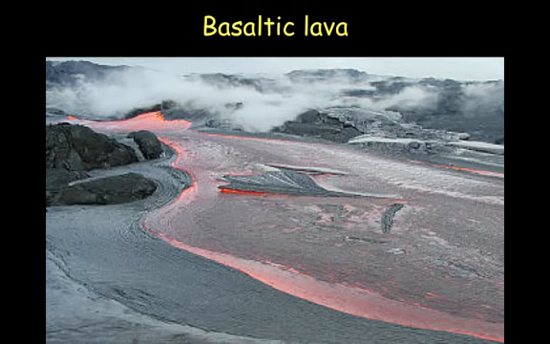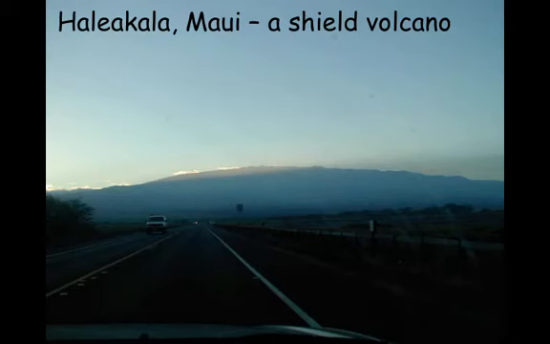So imagine your basaltic lava. It flows very easily compared to the lava dome that I showed you, which is rhyolitic, that forms a nice steep-sided little plug of lava. So these form those gradually sloping shield volcanoes. Here's another image of Haleakala on Maui, another shield volcano with those gradual slopes.